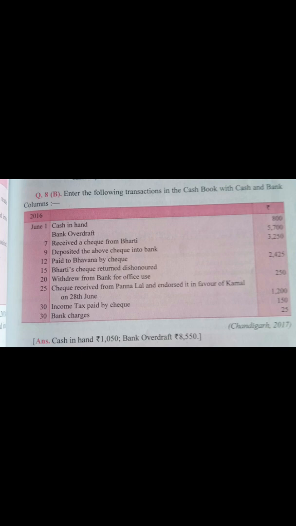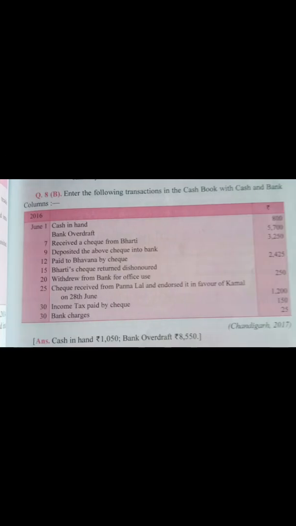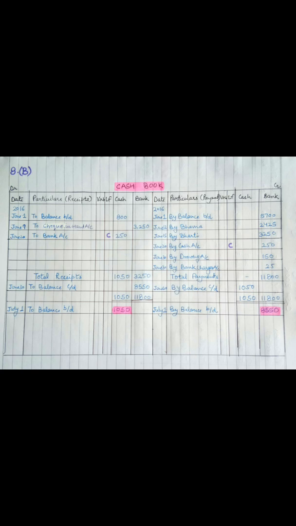So as income tax is a personal drawing, we have to make the entry by the name of by drawing account. So on 30th June, on the credit side, by drawing account in particulars, and the amount of 150 is to be written in bank column. Now the last entry is bank charges. Again the entry has to be done on the credit side by the name of by bank charge account, and the amount of 25 rupees is to be written in bank column.